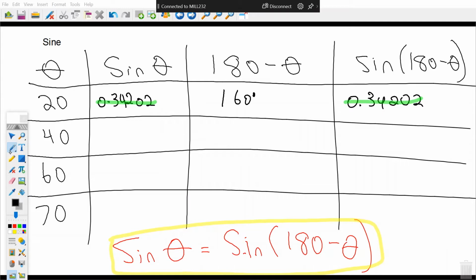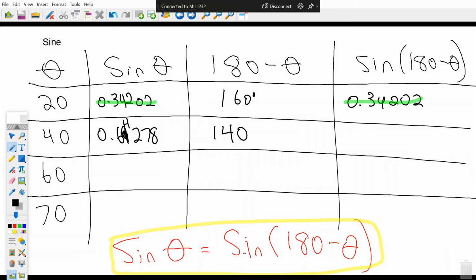Sine of 40 is 0.64278. 180 minus 40 would be 140 degrees.